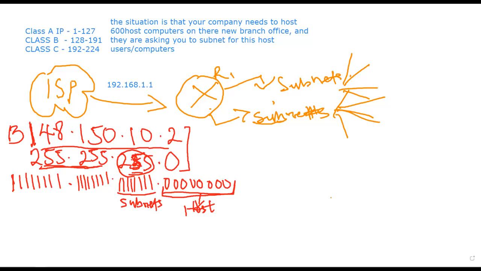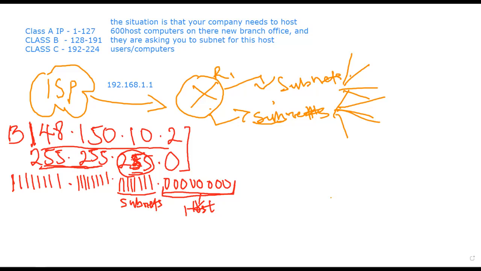Remember, our situation is that we are trying to subnet 600 host computers. And we've got this IP address that we want to configure with our routers to subnet into these 600 host computers, alongside the subnet mask, which is a class B IP address with 255.255.255.0.